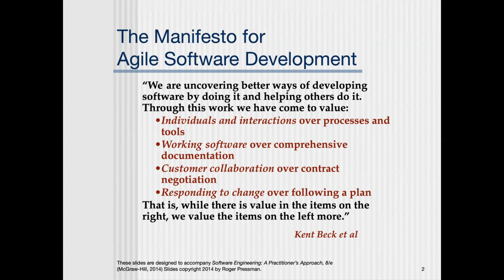So Agile is saying we're going to, where we can, move away from processes and tools and move toward individuals and interactions, okay? One of the other big focuses is to not do the comprehensive documentation, but instead have the software itself work so well that you don't need much documentation, okay? It's also a big move away from contract negotiation business type dealings to customers being part of the team.